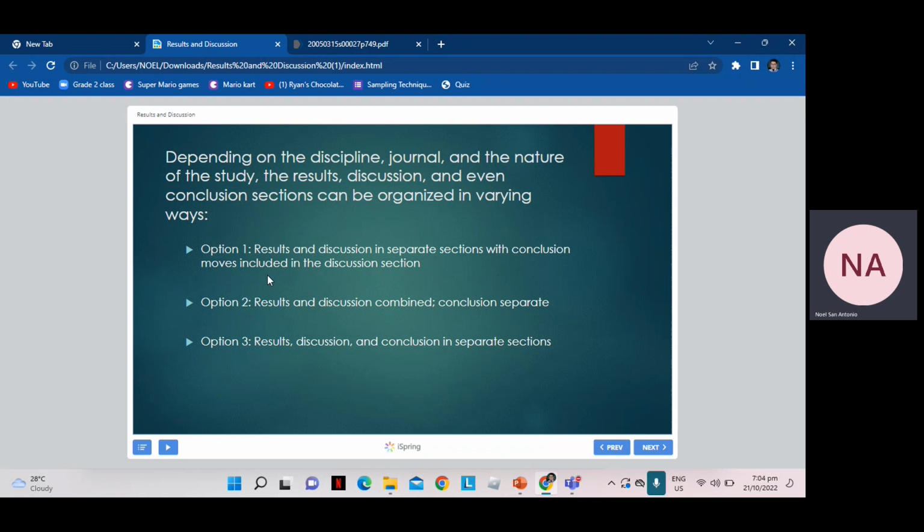Option 2: you have results and discussion combined, and then a separate section for conclusion. And option 3: you have separate sections for results, discussions, and conclusion. Again, we will follow option 1 for our publication.